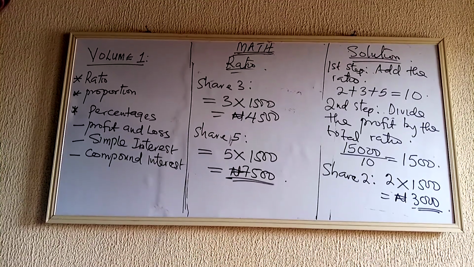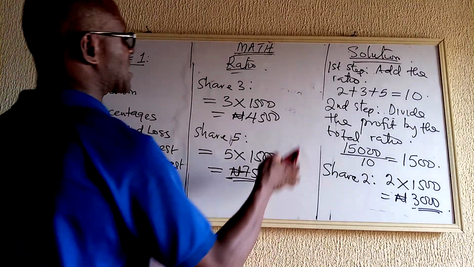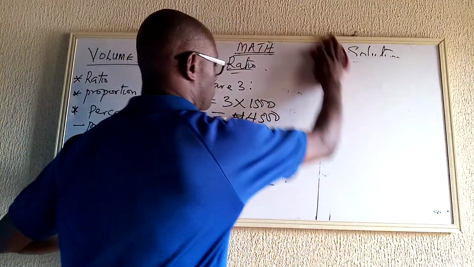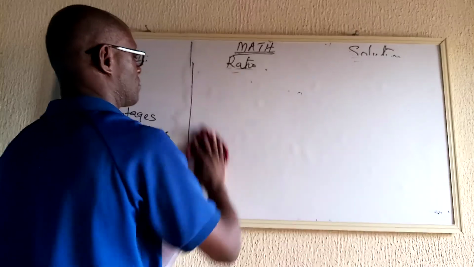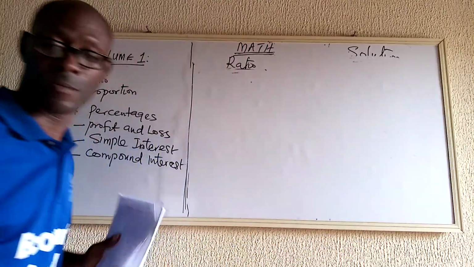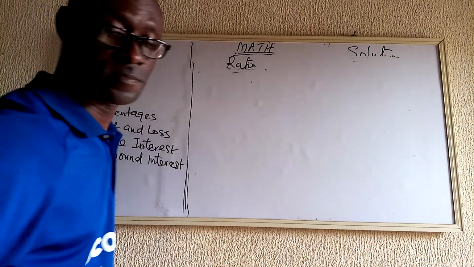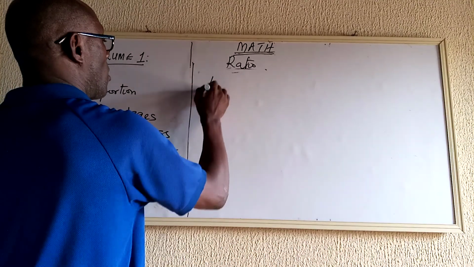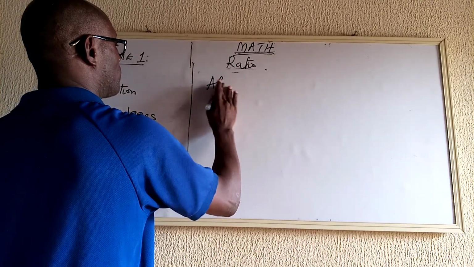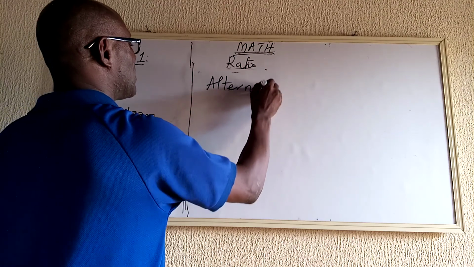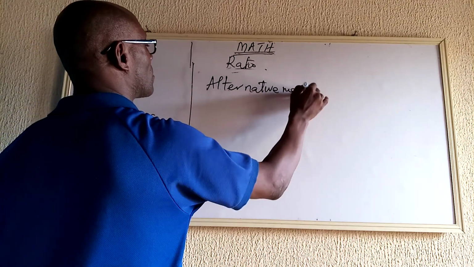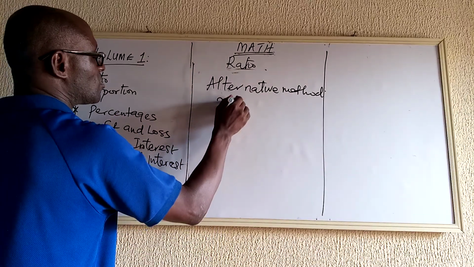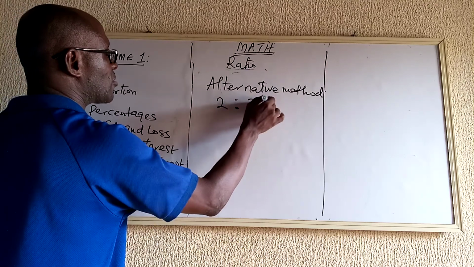Alternatively, we can do it this way. Alternative method. We are given the share ratio to be 2:3:5.